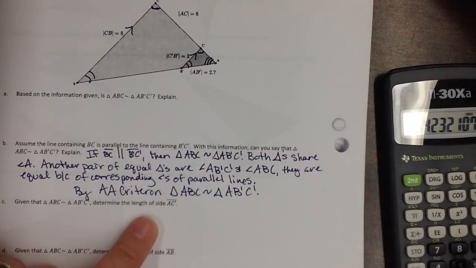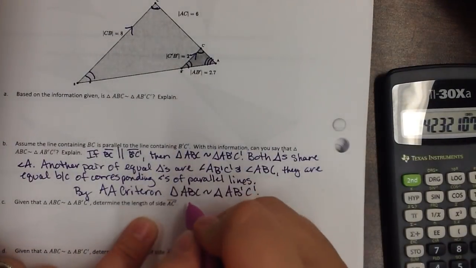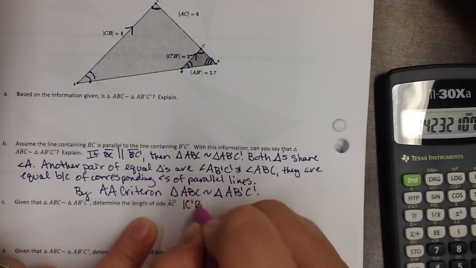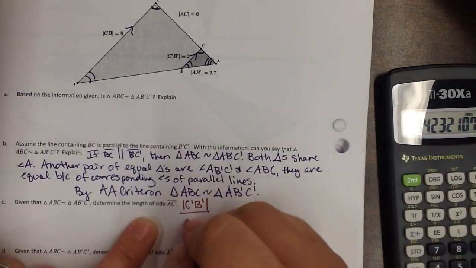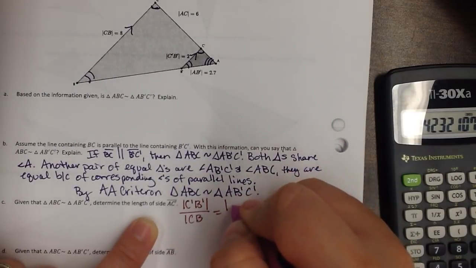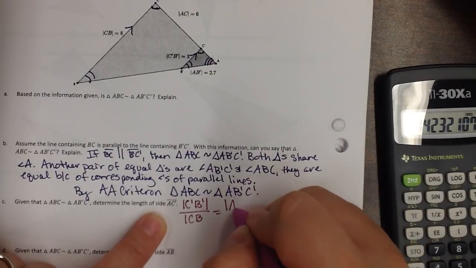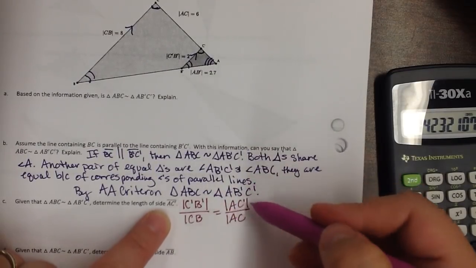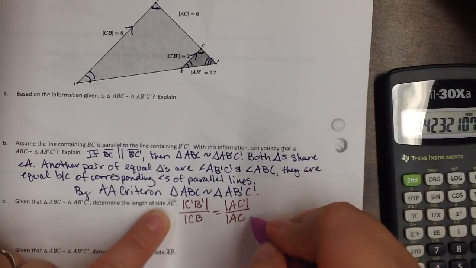And we always start with the new length. So the distance from C prime B prime, compared to the distance from C to B equals the distance from AC prime to AC. AC prime, where you're looking for that one.